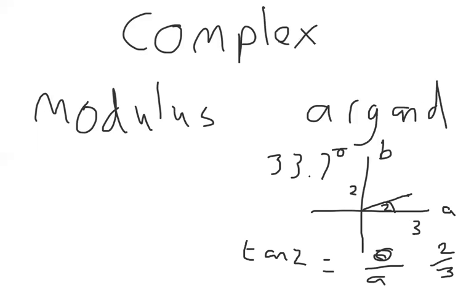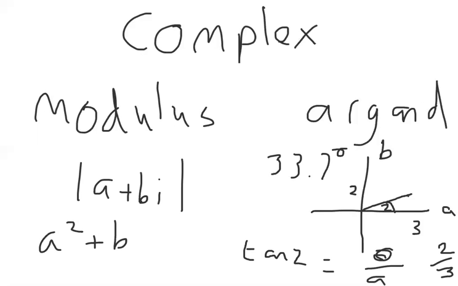Now what the modulus is, this is much more simple. If you don't know what modulus is, imagine modulus of a plus bi is the same as a squared plus b squared, all rooted. So we have 2 and 3, so 2 squared plus 3 squared, rooted.